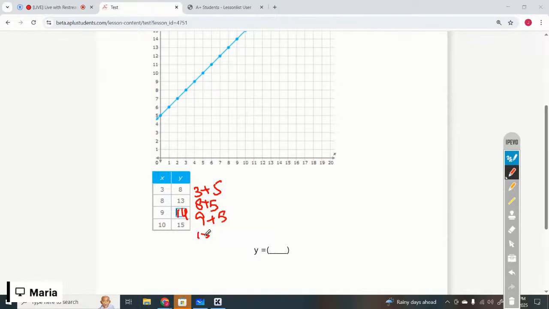And 10 plus 5. That is not y equals 5. That is y equals x plus 5.